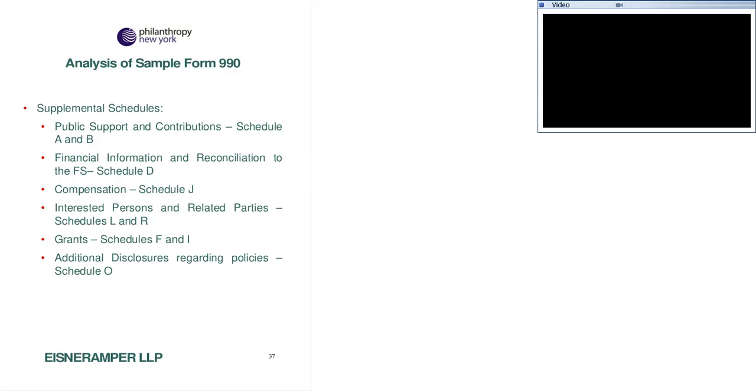Okay. Schedule F and Schedule I. Schedule F are my foreign activities. Maybe I care about that, maybe I don't, but if I do, just know that on Schedule F, you're required to aggregate the activity by zone, right? So I'm not going to see every single grant I made to a foreign entity. I'm going to see the entire amount that I sent to the Caribbean zone, right?